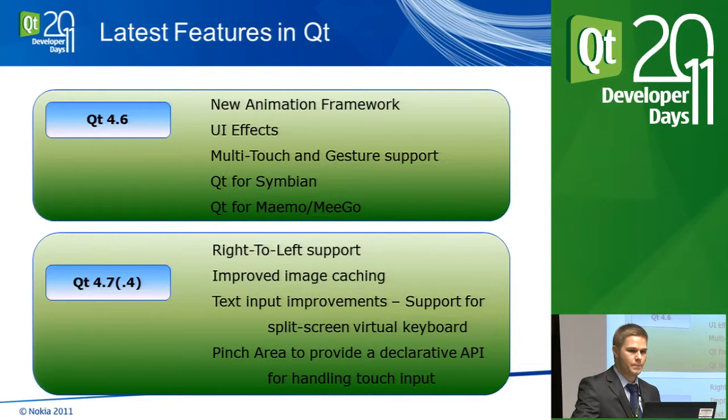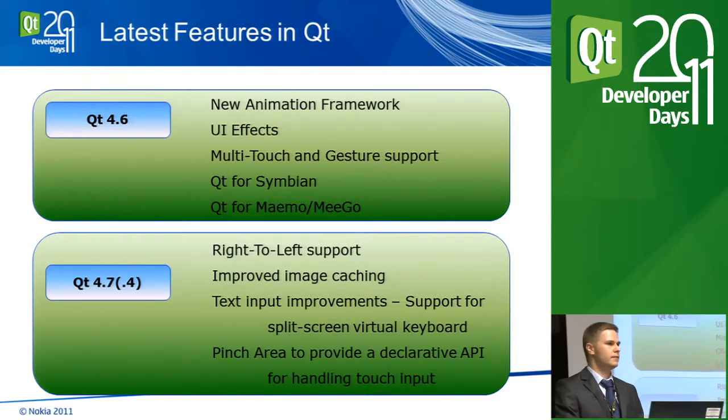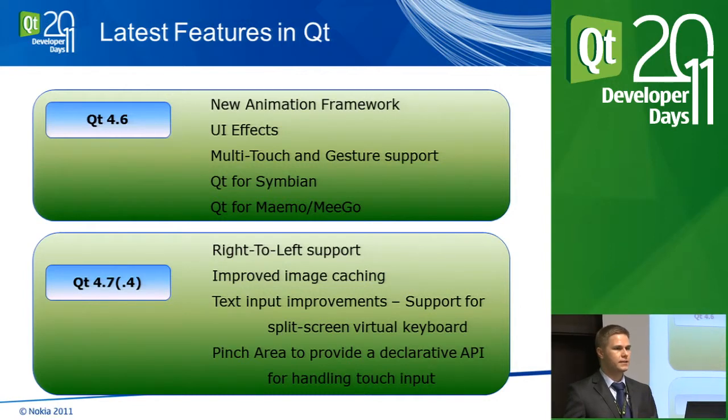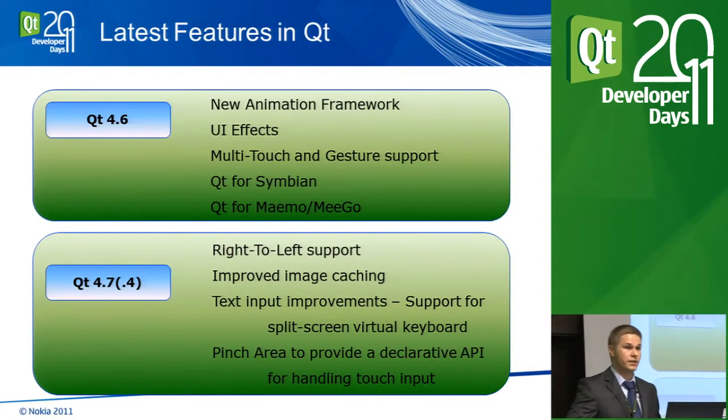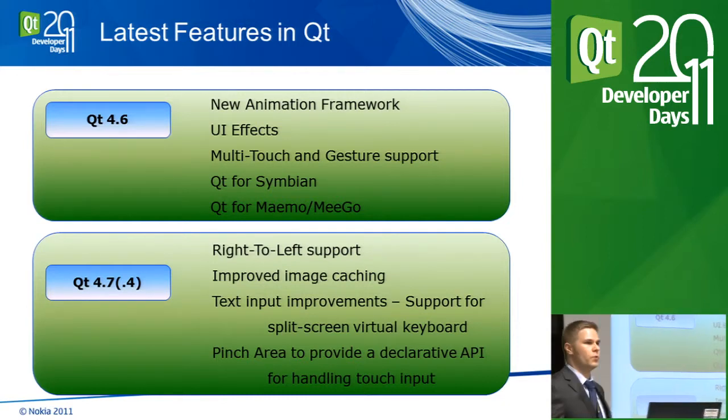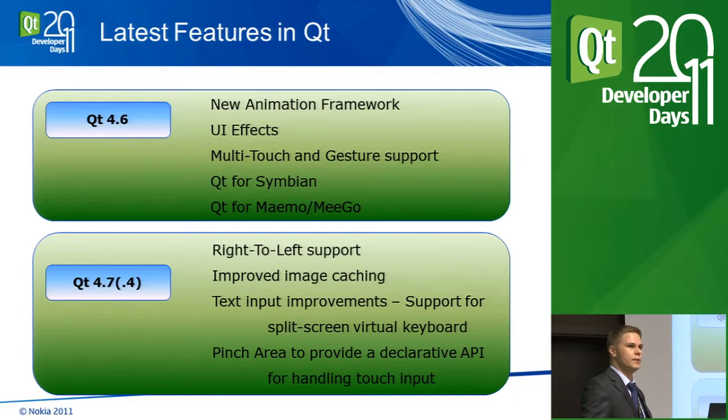But when you download the SDK and install Symbian Belle packages from there, you will be able to find and install 4.7.4 packages to older Symbian 3 phones as well. So that's just a heads up if you want to prepare your devices before we go to the actual demonstration.